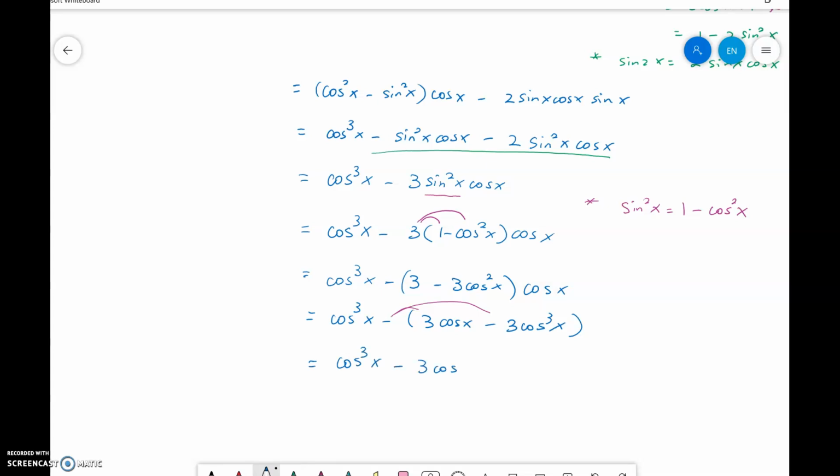Minus 3 cosine of x plus 3 cosine cubed x. And now I can combine my cosine cubed terms into 4 copies of cosine cubed minus 3 times cosine x.